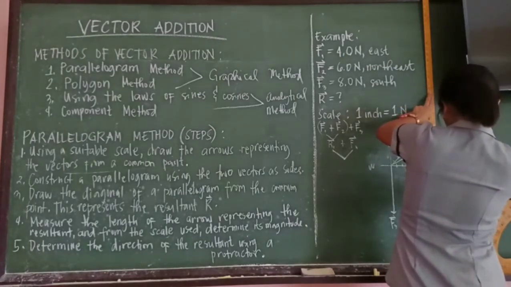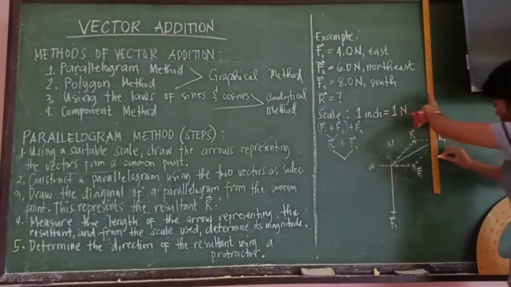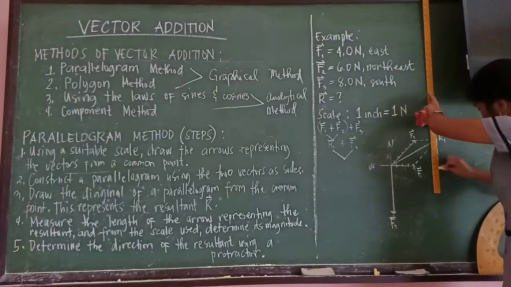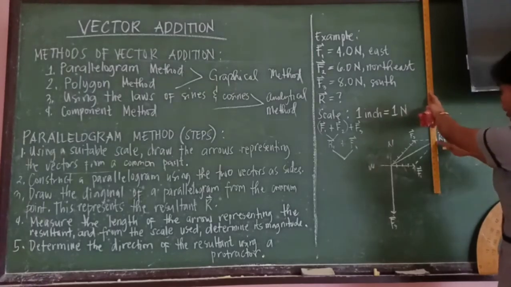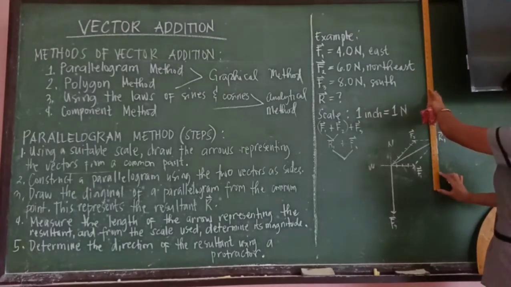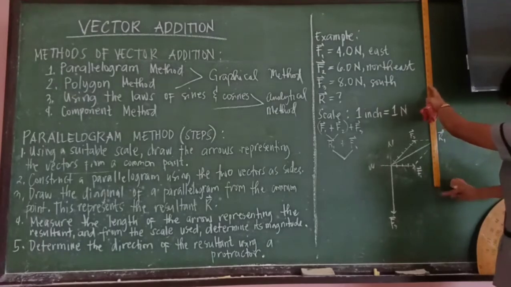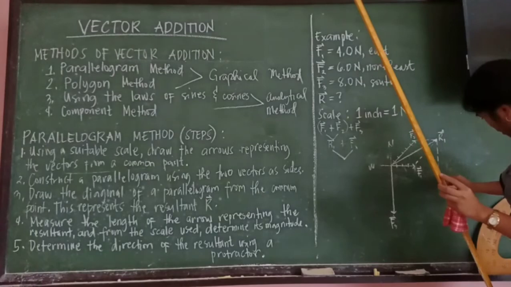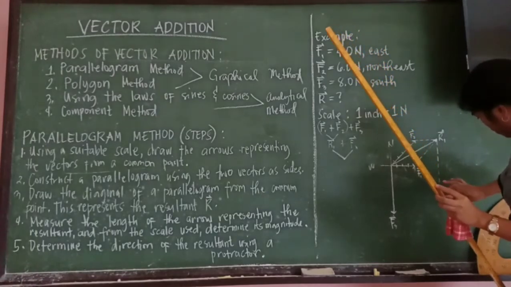Okay, directed south, represented by a broken line. It's 8. 8 newtons only. So it's only until here. No arrow.